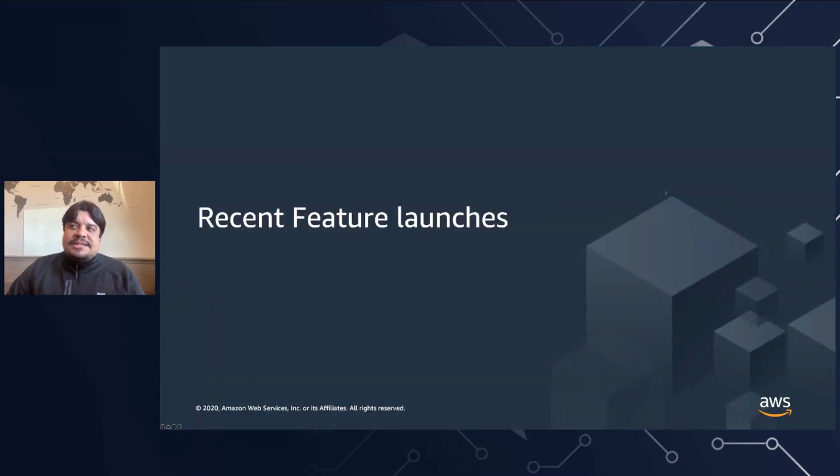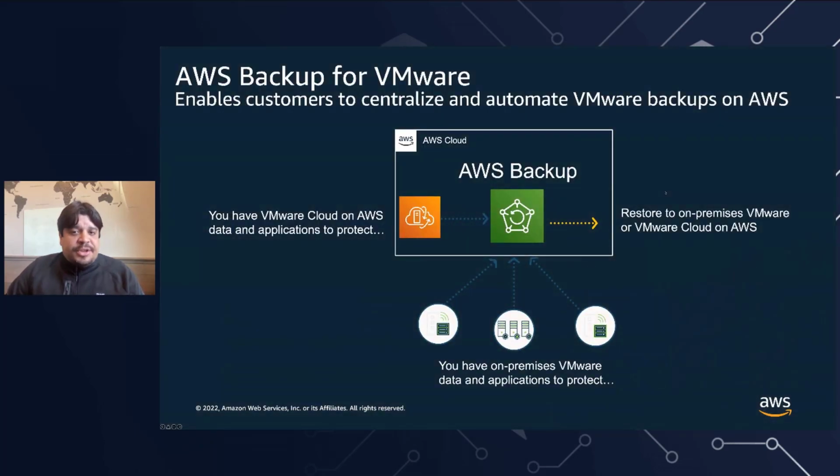Let's talk about some recent launches on AWS Backup. Launched at re:Invent 2021, AWS Backup support for VMware allows customers to use a single centralized data protection solution for hybrid VMware workloads. Customers can back up their workloads into AWS Backup and have the flexibility to restore back to on-premises or to VMware Cloud on AWS.